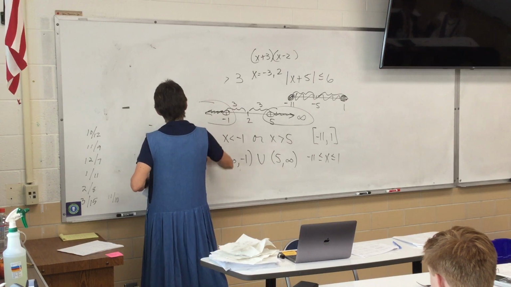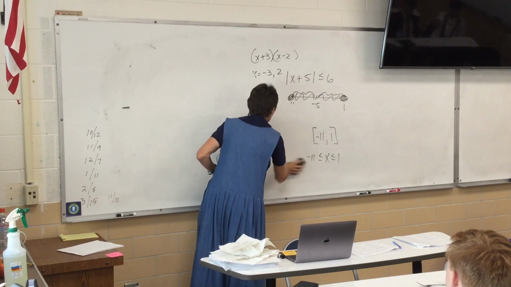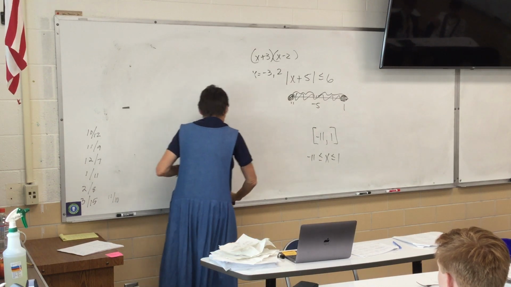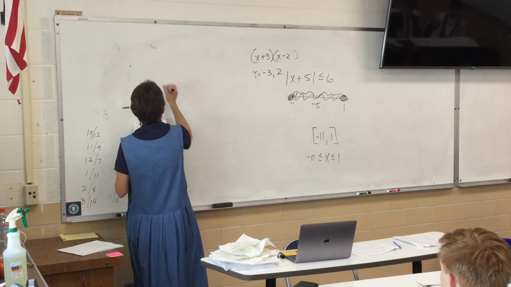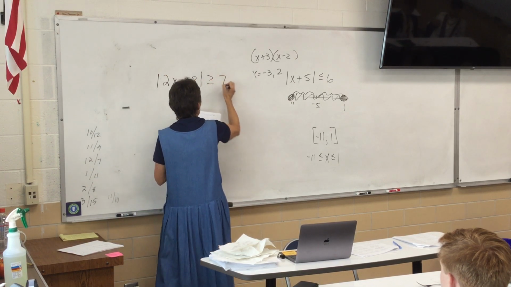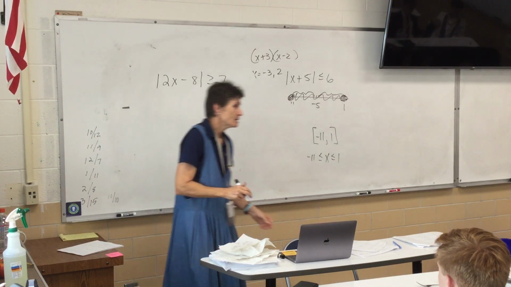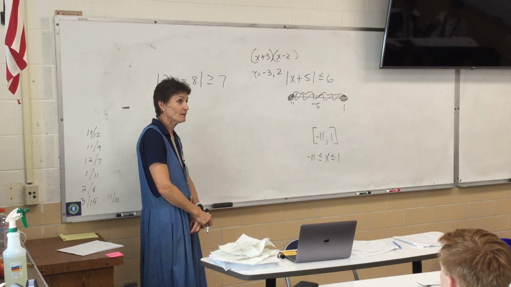What's different about this one? There's a 2 in front. Now, guys, that 2 in front can't be there. It's just like when we complete the square, it can't be there. So what do you think we might do to get rid of it, Brendan?